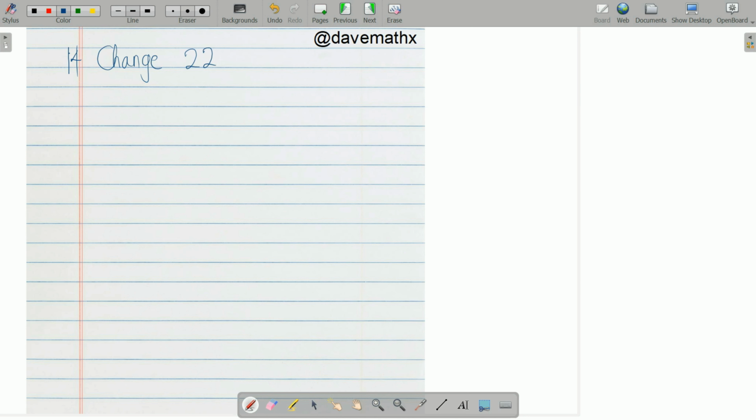Changing 22 whole number 2 over 3% to the lowest fraction requires us to know percentages first.